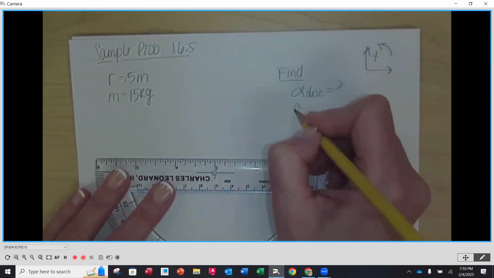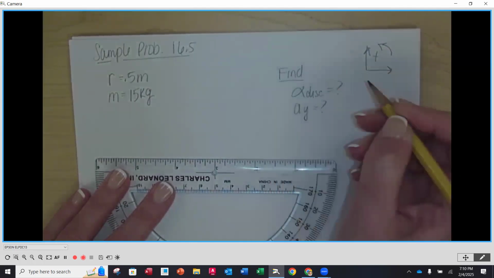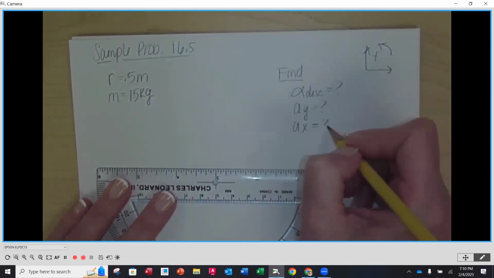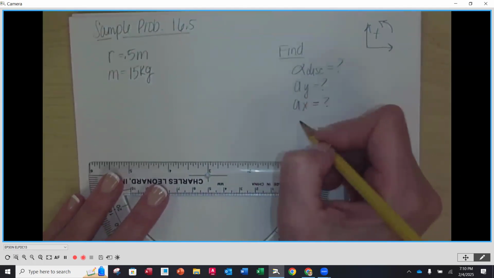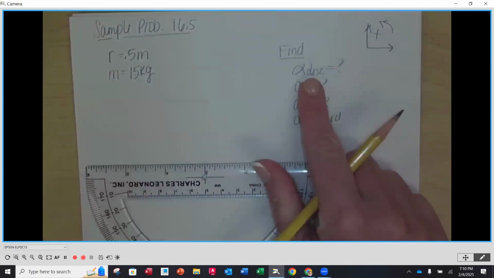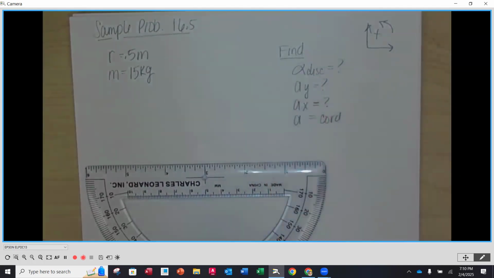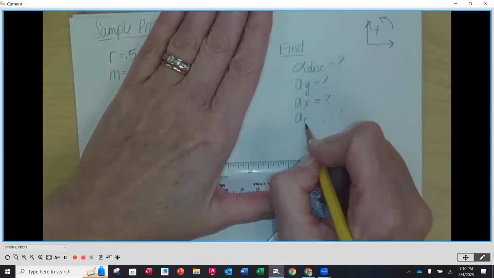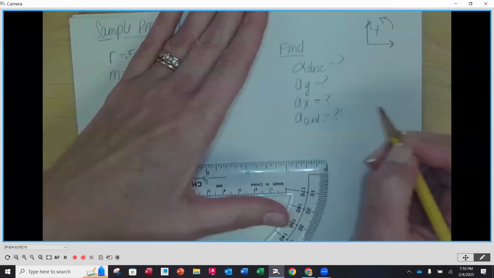I'm going to find AY and AX, which is the acceleration of the center of our disc, and then the acceleration of the cord. So angular acceleration at the top, and then these are all straight line accelerations.